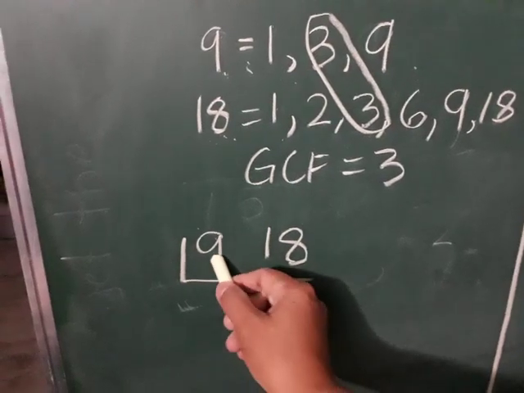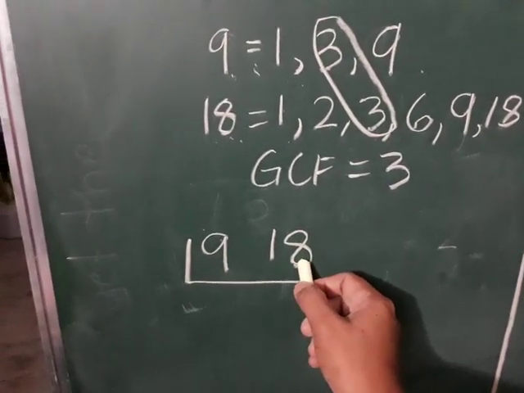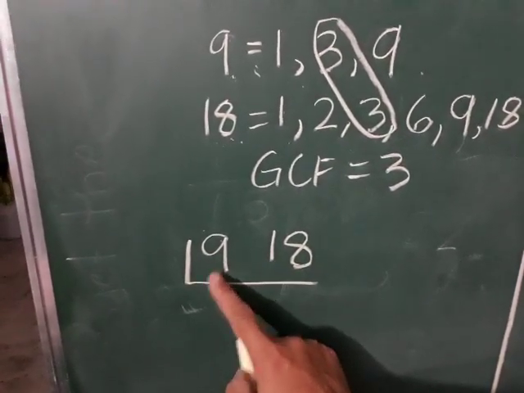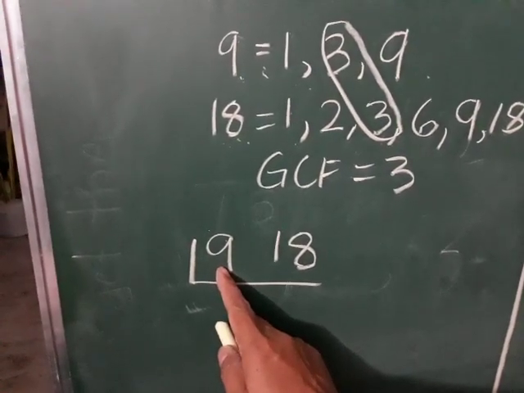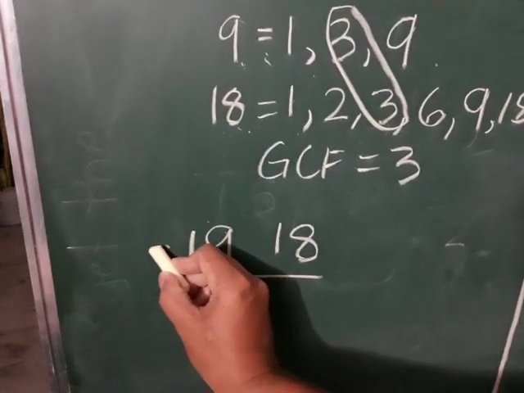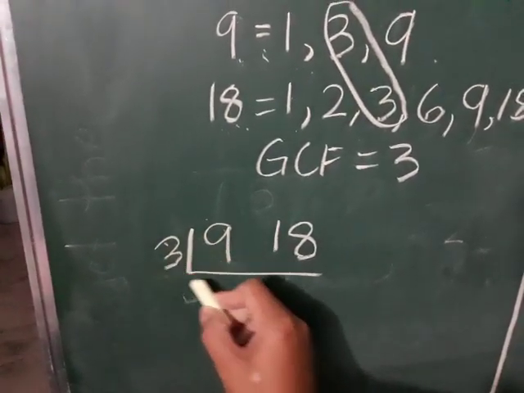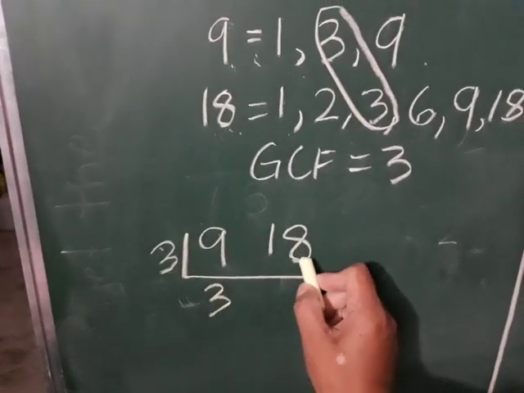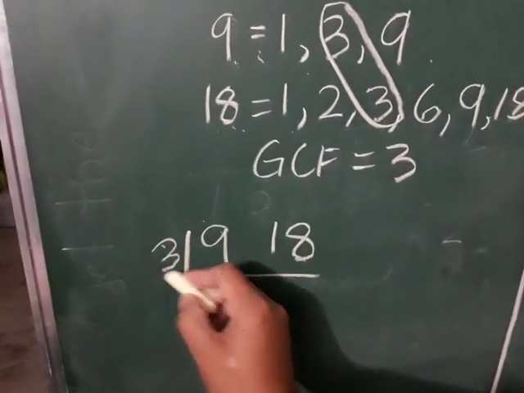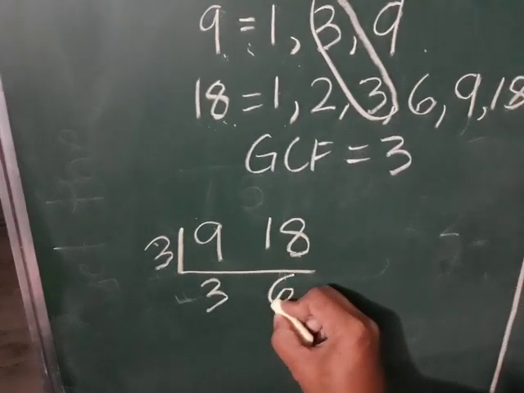Okay, so the common factor of 9 and 18: we cannot use 2 since 9 is not divisible by 2. So let's proceed with 3. Okay, so 9 divided by 3 is equal to 3. 18 divided by 3 is equal to 6.